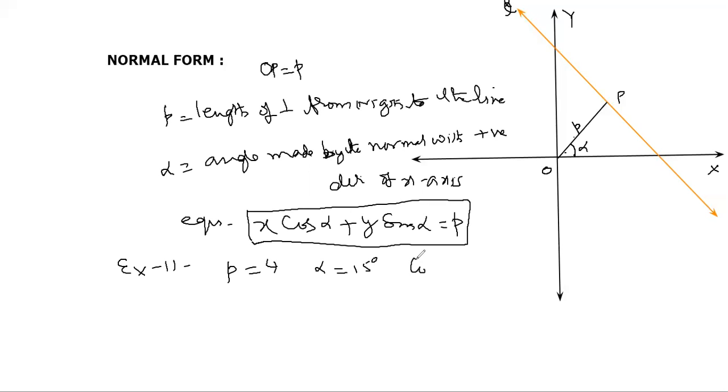So you should know the value of cos 15 degrees. Cos alpha, that is cos 15 degrees, value is (√3 plus 1) by 2√2, and sin alpha is equal to sin 15 degrees, and its value is (√3 minus 1) by 2√2. Put these values in the above equation and you will get the answer.